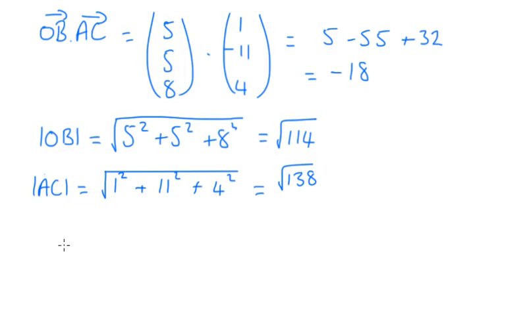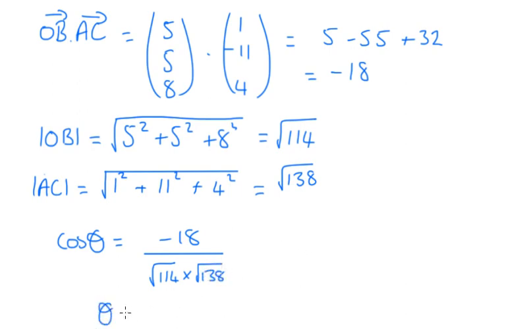So that means we can now say that cos theta is minus 18 divided by root 114 times root 138. Minus 18 divided by root 114 times 138.